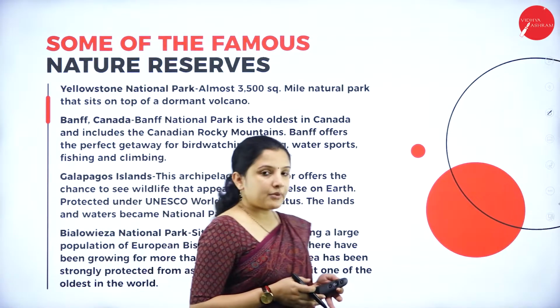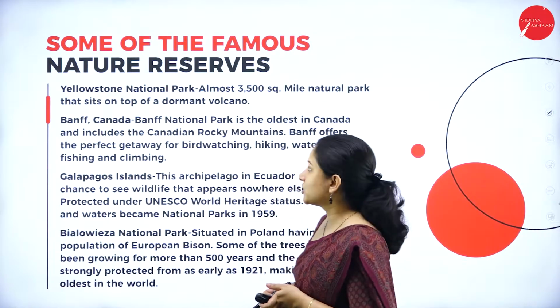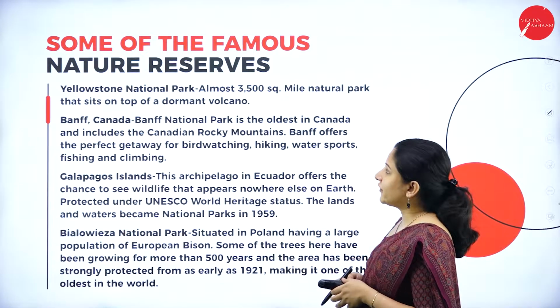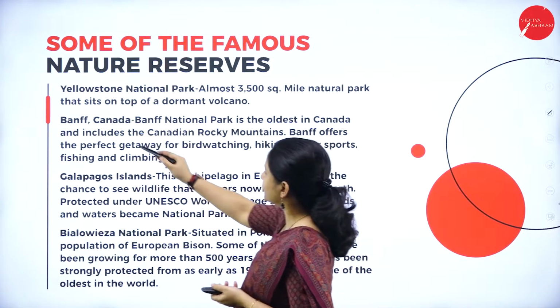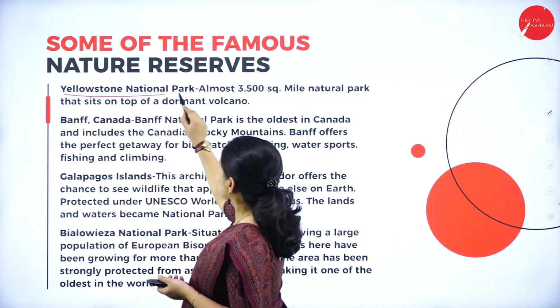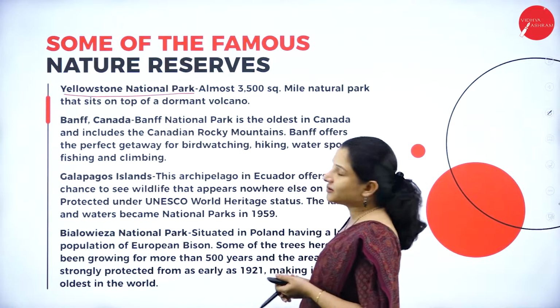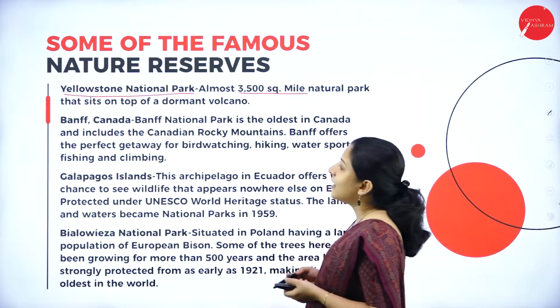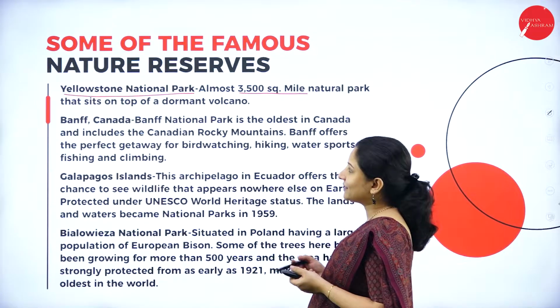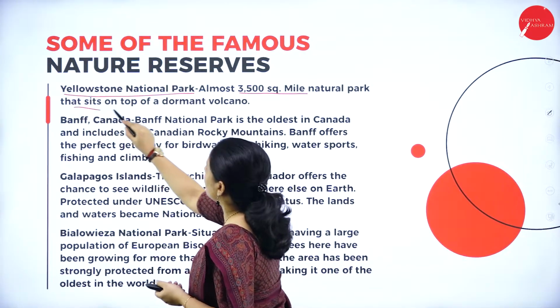Next, let's talk about some of the famous nature reserves. Here I have listed a few. One is Yellowstone National Park. Yellowstone National Park covers an area of 3,500 square miles, and it is a natural park that sits on top of a dormant volcano.